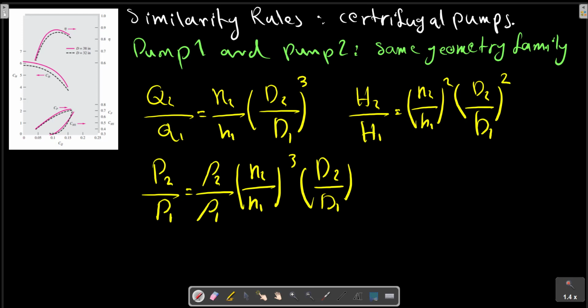These are the similarity rules which can be used to estimate the effect of changing the fluid, speed or size of any dynamic turbo machines, pump or turbine within the geometry similarity family.